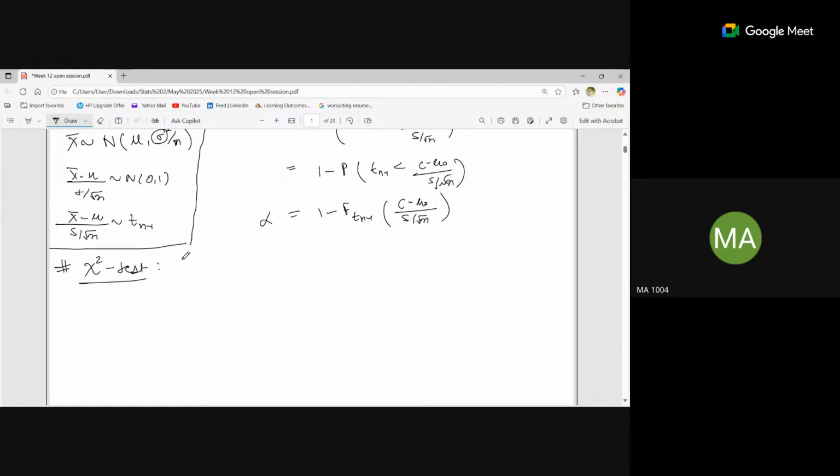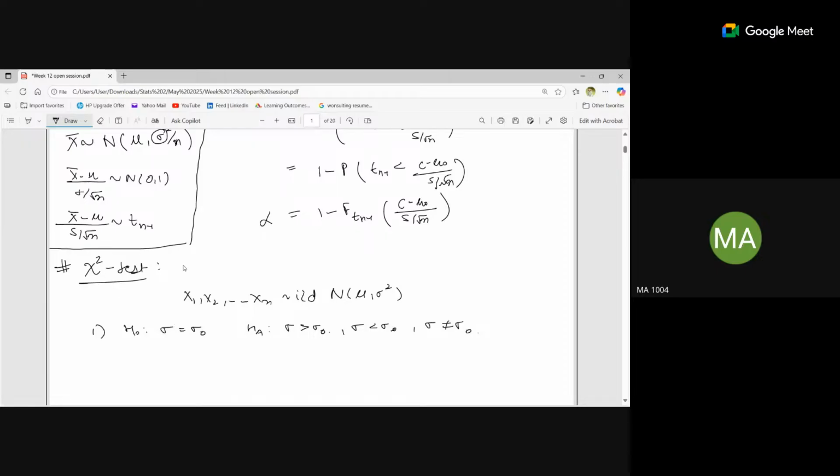So let's suppose x1, x2, xn are IID samples following a normal distribution with mu comma sigma square. Now here my sigma square is known to us. Now here my null hypothesis would be sigma is equal to sigma naught, and my alternative would be sigma is greater than sigma naught, or sigma is less than sigma naught, or sigma is not equal to sigma naught.